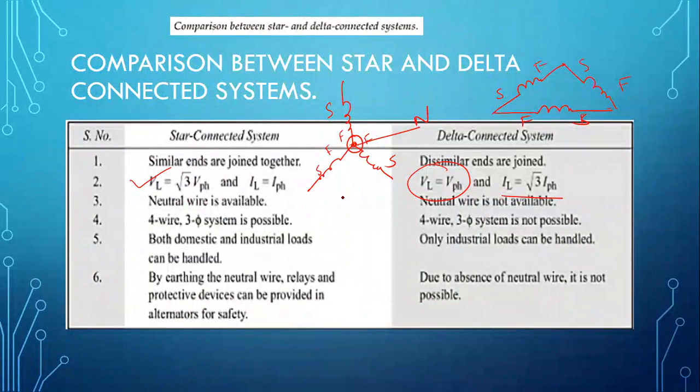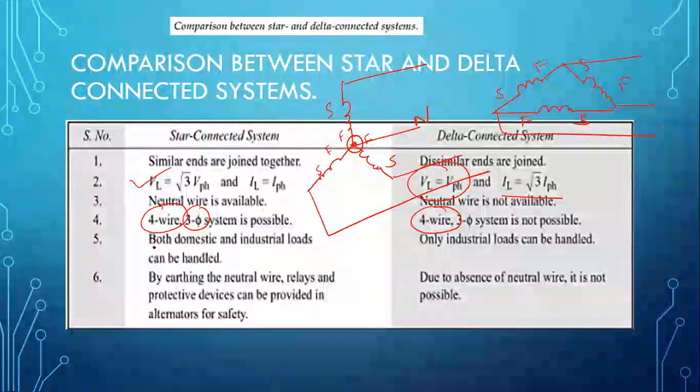This is your neutral wire, but here there is no neutral wire. Now this is a 4-wire 3-phase system. How 4-wire? 1, 2, 3 and the fourth one is neutral. So a 4-wire 3-phase system is possible. Here we cannot have this 4-wire system. We can only have a 3-wire system.